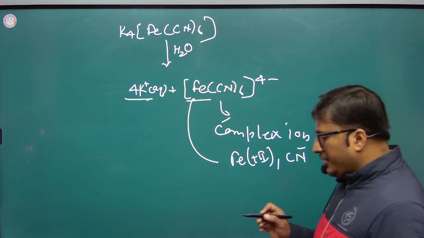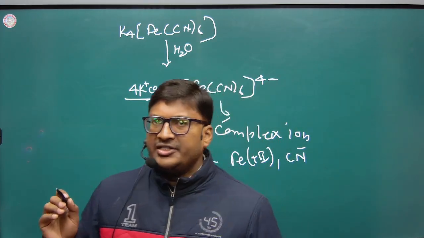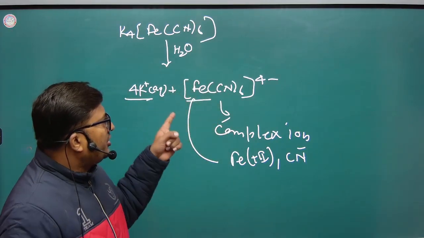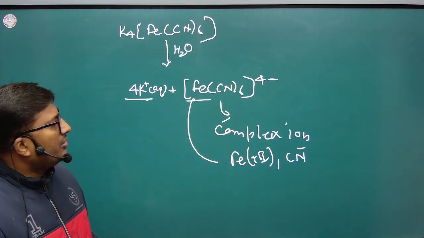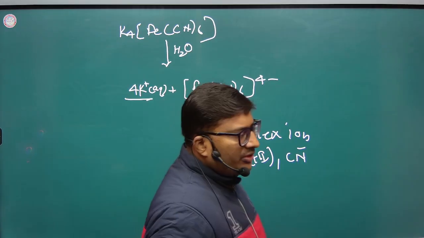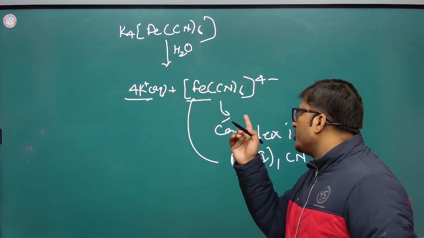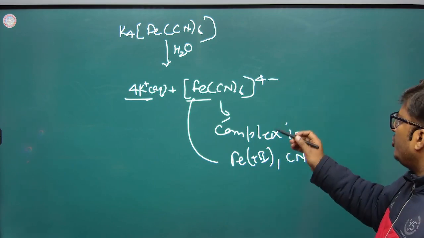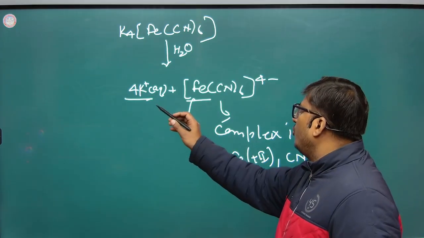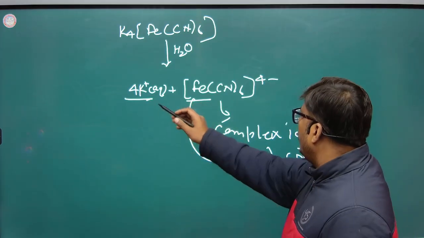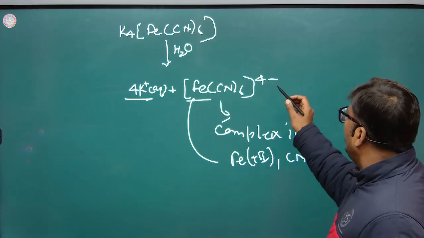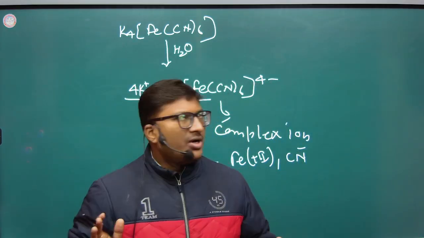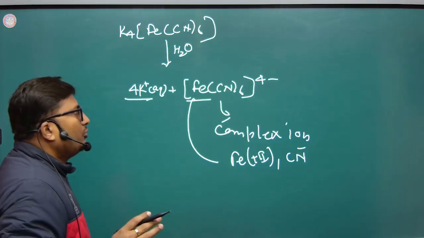It means this complex ion has a tendency to retain its identity in the solid state as well as in the solution state. Okay, so this is the beauty of this complex ion. It is a negatively charged species, balanced by the counter cation 4K+. So 4 positive charges and 4 negative charges electrostatically interact with each other to form a solid compound.